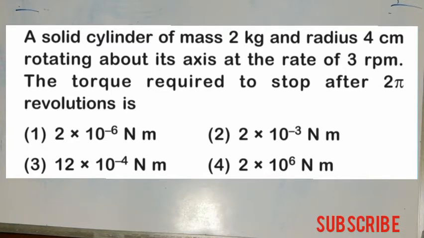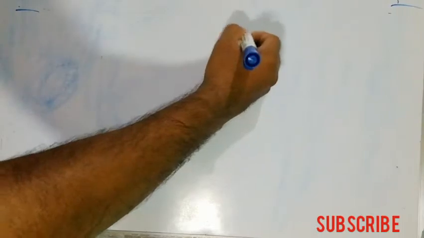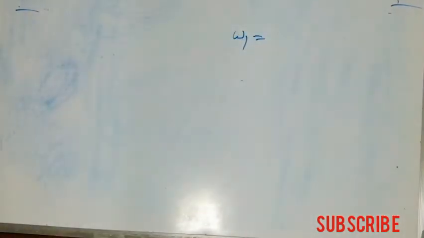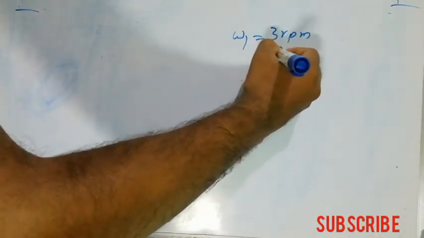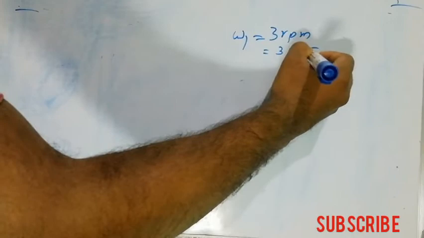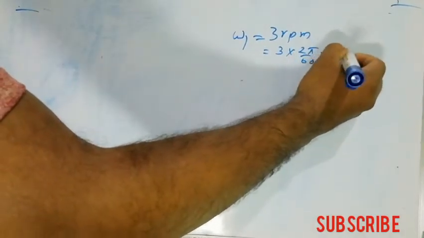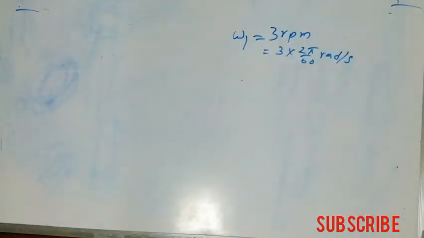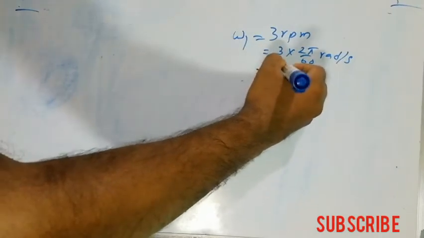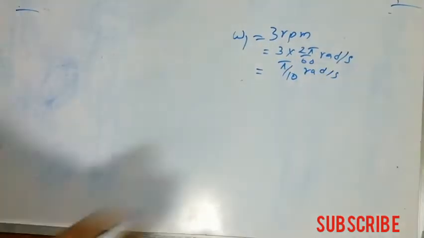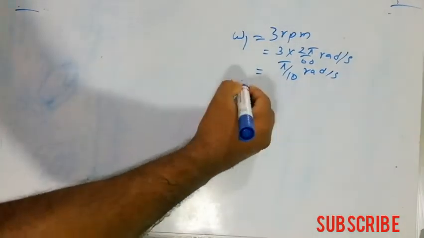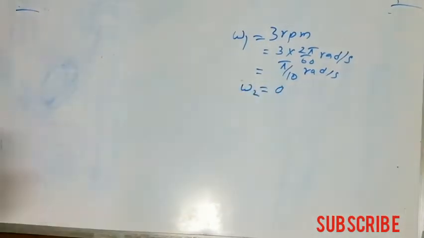So you are given omega 1, that is the initial angular velocity, equal to 3 rpm, that is revolutions per minute, that means 3 into 2 pi by 60 rad per second. So that is equal to pi by 10 rad per second, and it will stop so its final angular velocity becomes 0 radian per second.